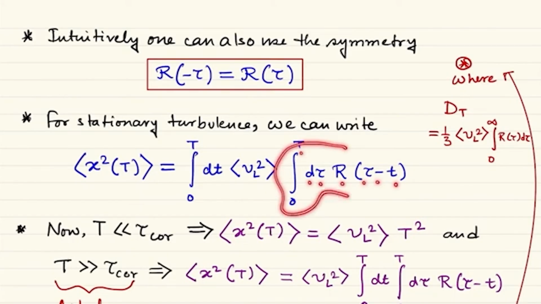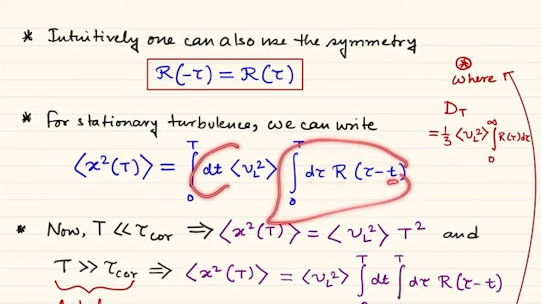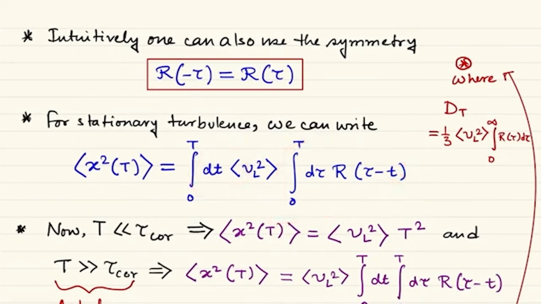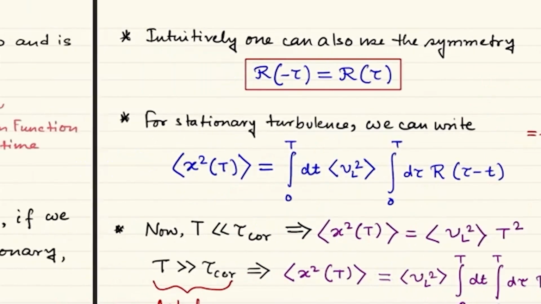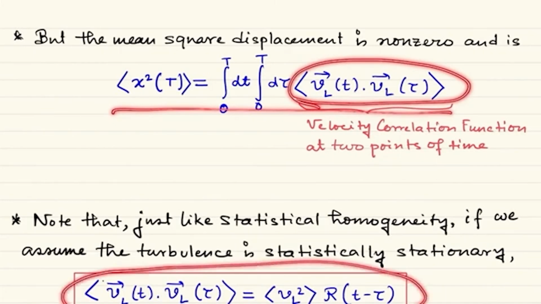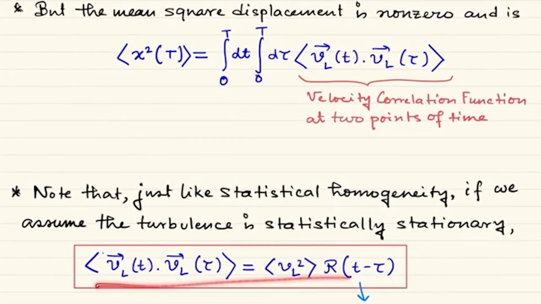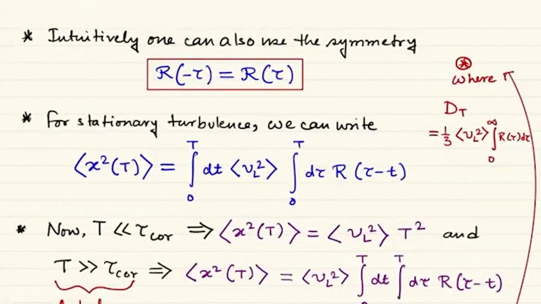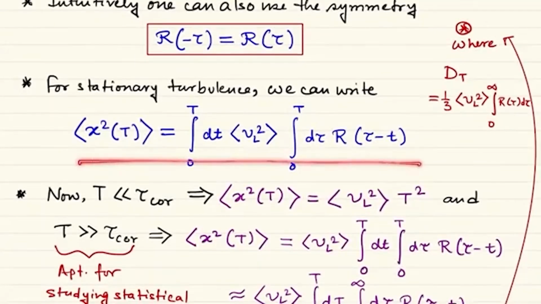When this is integrated over tau, it will simply be a function of small t only, and then this is integrated over dt. We obtained this using this relation and the expression of the 2-point correlation functions for stationary turbulence. So this is the general definition, and it is true for stationary turbulence.